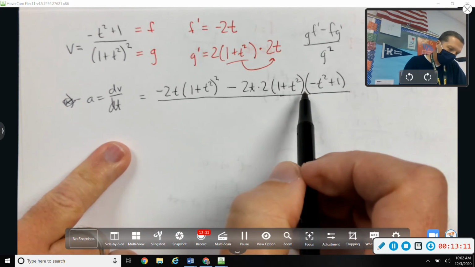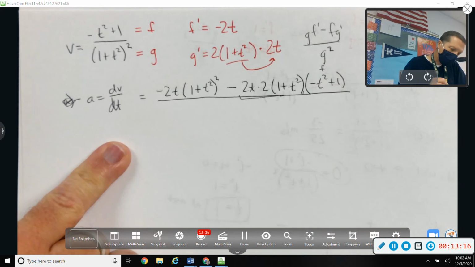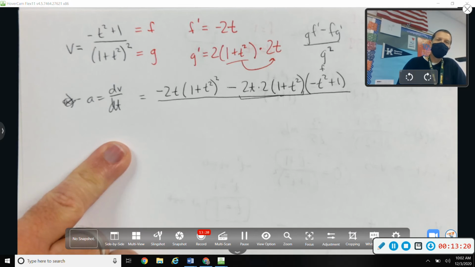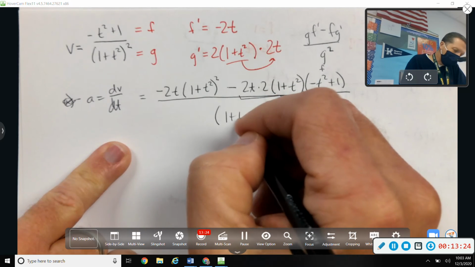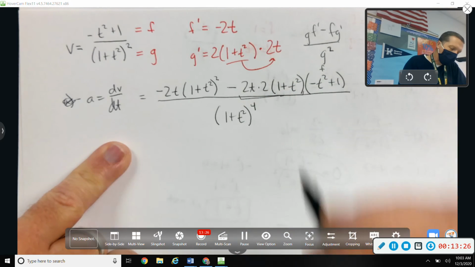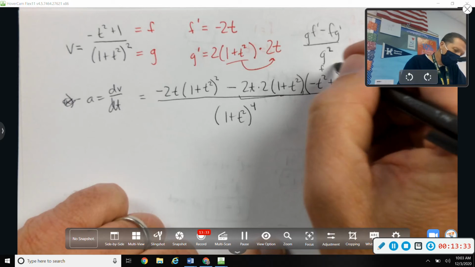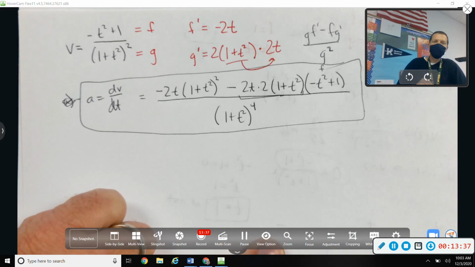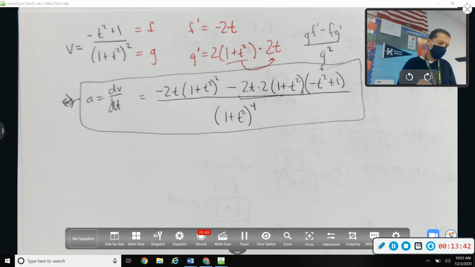Fg prime, because there's f, and all of that is g prime. I guess I could have written that as 4t, but whatever. And then the square of the bottom, so that would be 1 plus t squared to the 4th. Is there some algebra simplification that we could do? Sure. Is there some algebra simplification that I don't want to do? Absolutely. So I will leave that as my answer.